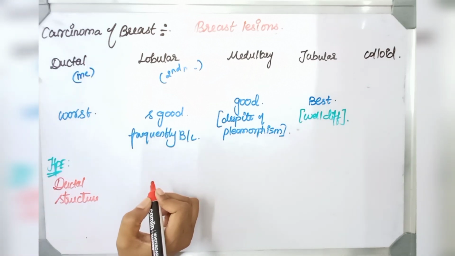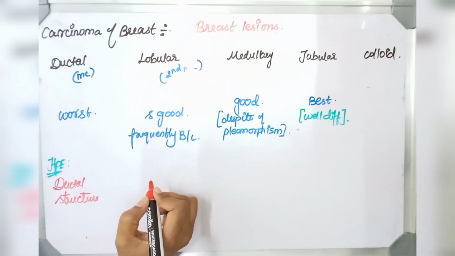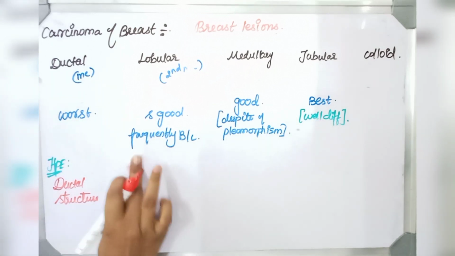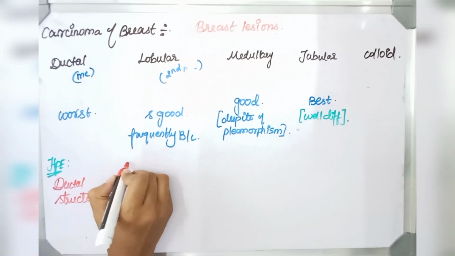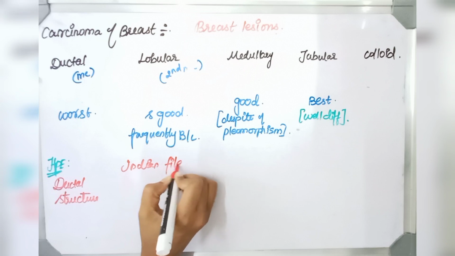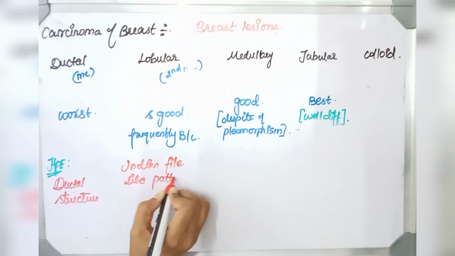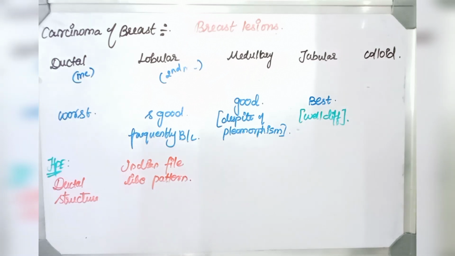Lobular carcinoma shows an Indian file-like pattern. This carcinoma occurs due to loss of E-cadherin.